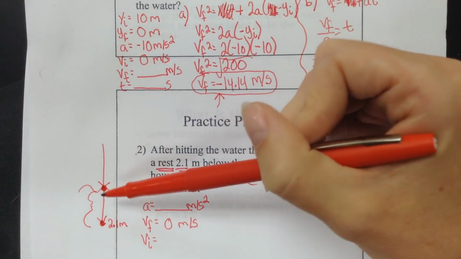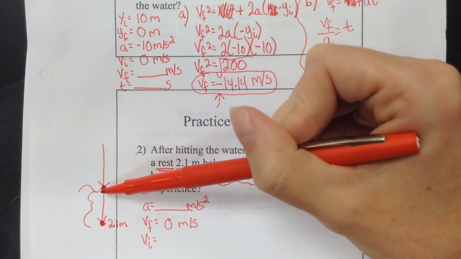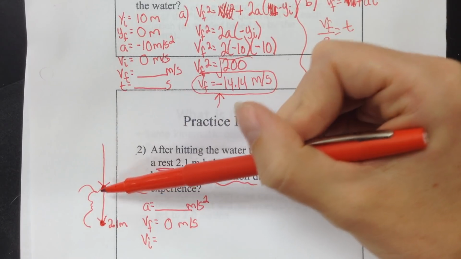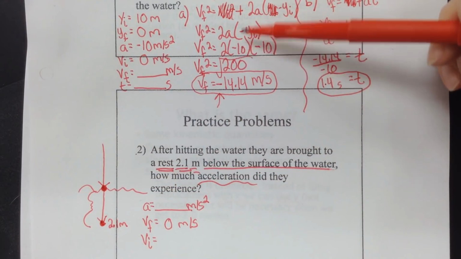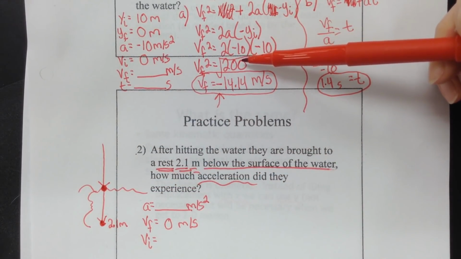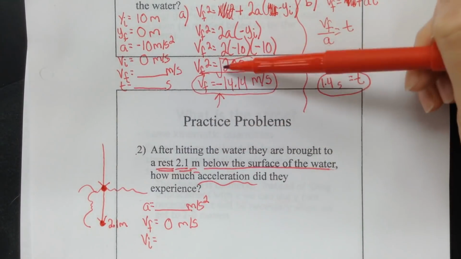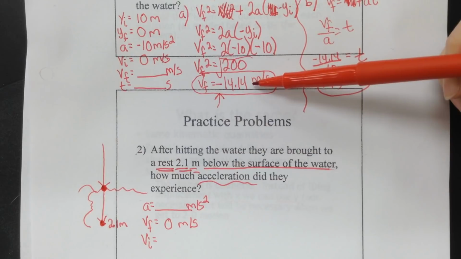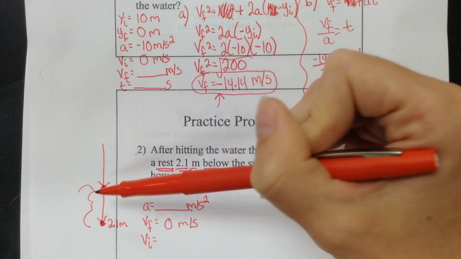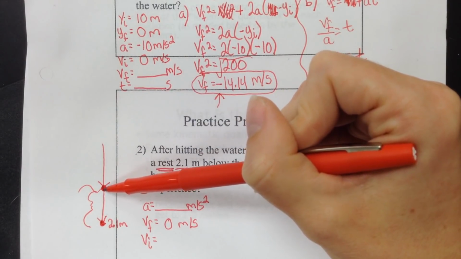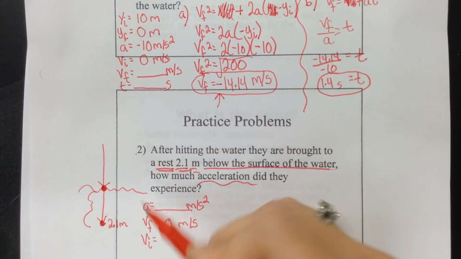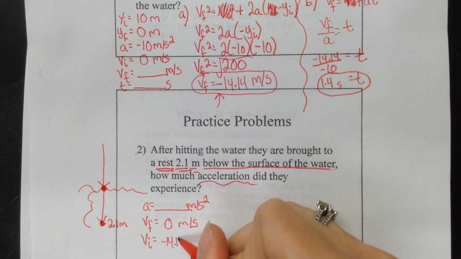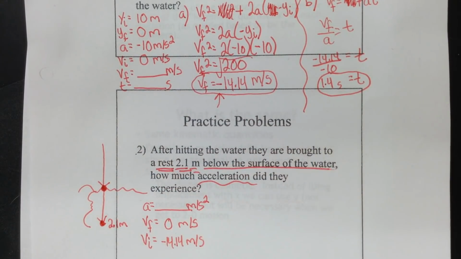Remember, our v of i in this part of the trip is the moment they hit the water, which is a continuation from the problem up here. So we figured out that the v of f in this problem when the person hit the water is negative 14.14. Well, now that v of f becomes our v of i in this portion of the problem. So v of i is negative 14.14 meters per second.